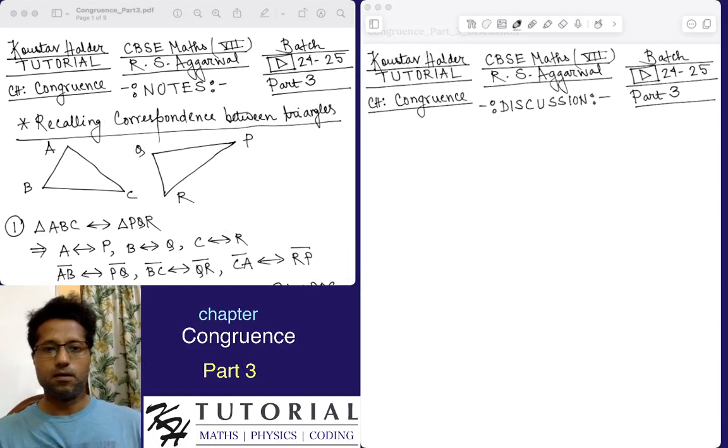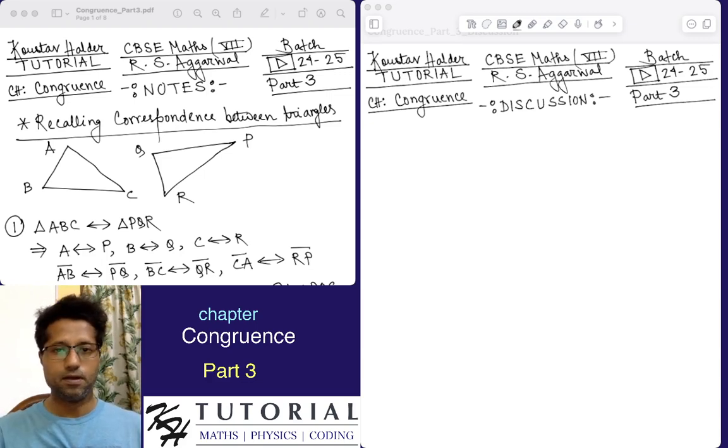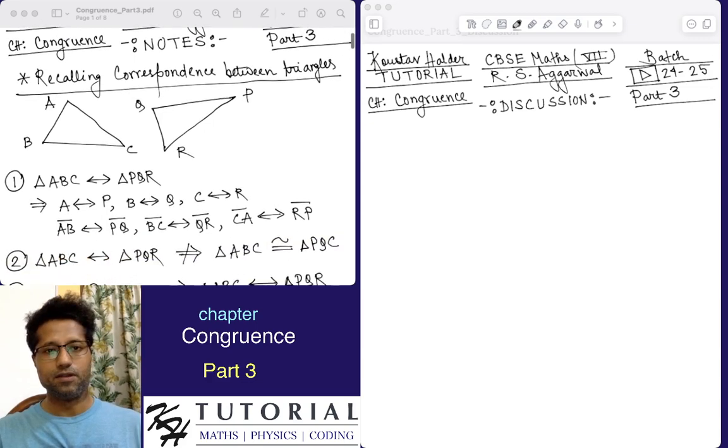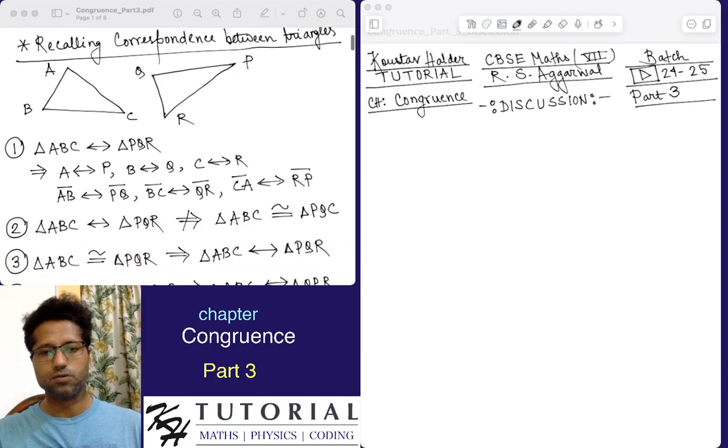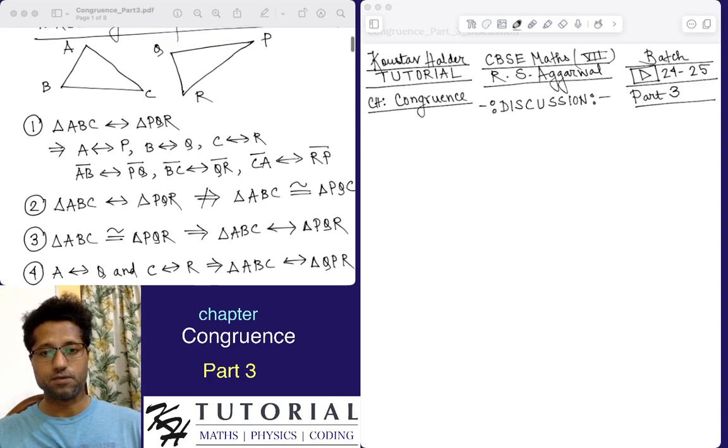Even though I have prepared rough notes for this video, on understanding the congruency of two triangles and the conditions that ensure the congruency of two triangles, I don't know whether you can follow my notes, or whether they are really up to the mark as far as the concepts are concerned.